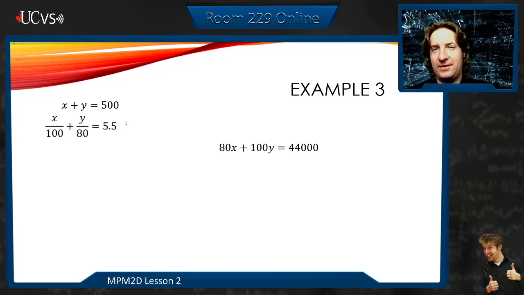We're going to multiply everything here by 8,000, because 8,000 divided by 100 gives me 80, and 8,000 divided by 80 gives me 100. And I want to use elimination. I've used substitution before; I want to use elimination for this one.